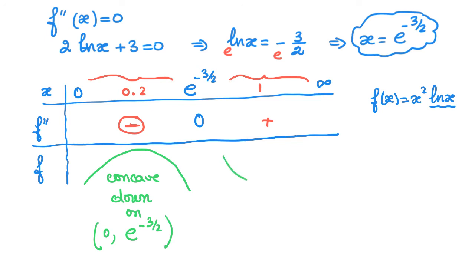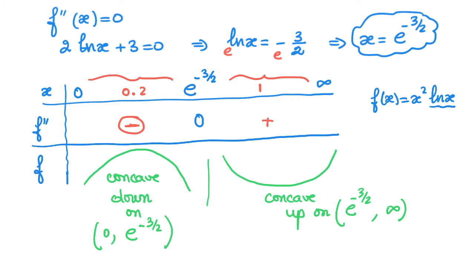And our function is concave up on the interval e to the power of minus 3 over 2 to infinity, and it has an inflection point at x equal to e to the power of minus 3 over 2.